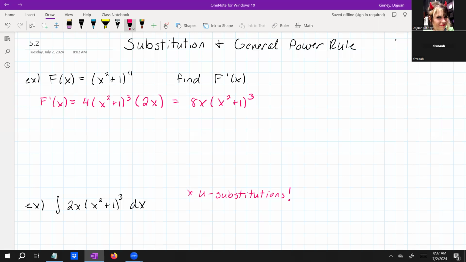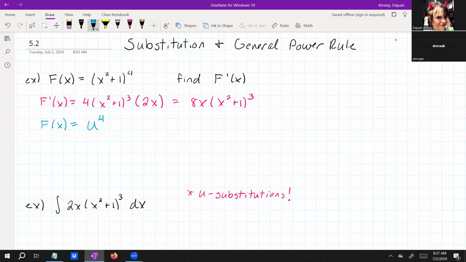So another way we can think of this as, let's turn it into blue. We did this a lot with our exponential and logarithmic functions. We turned them into u problems.